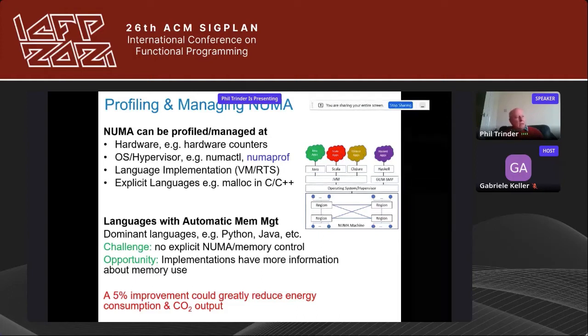And we don't think there are huge wins here in terms of execution time, maybe only 5% on languages like Java or possibly Scala, but 5% in the number of JVMs that run globally is a huge amount of carbon and energy.